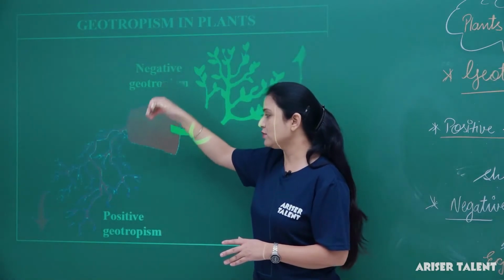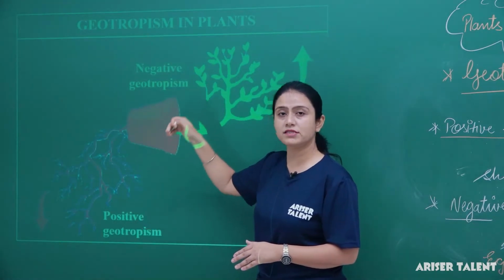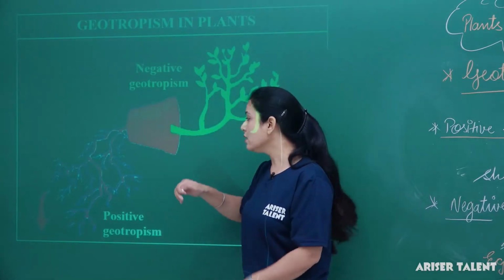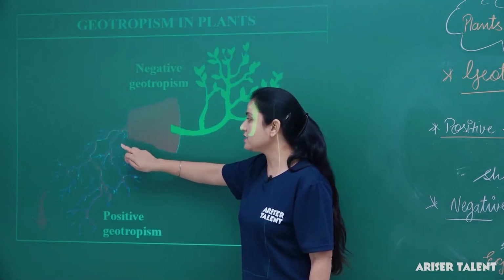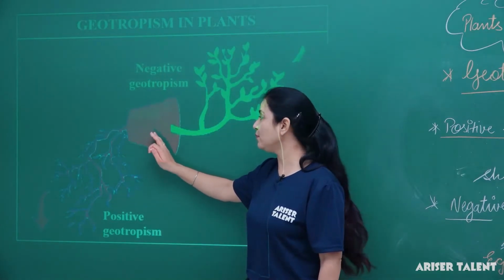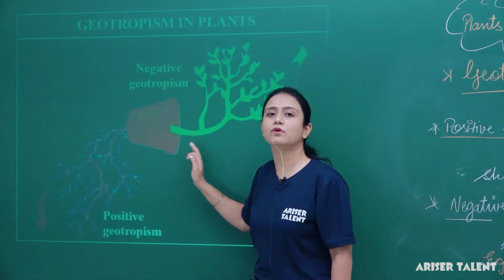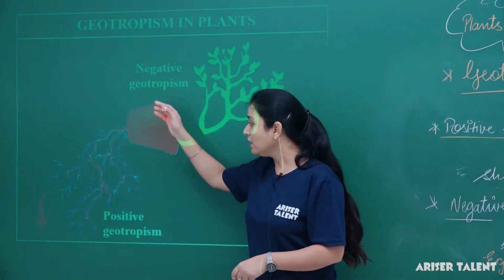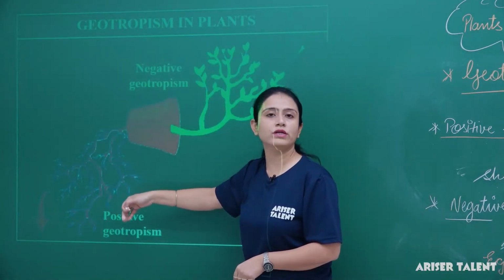Gravity pulls things downwards. Here we can see that even when the pot is kept horizontal, the roots are still moving downwards towards the gravity.